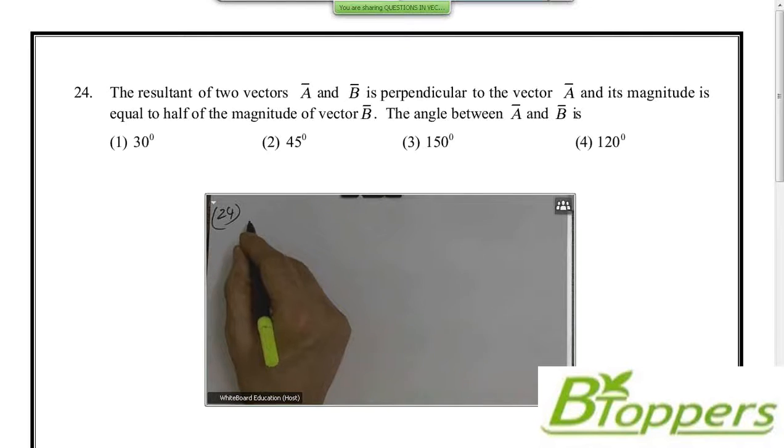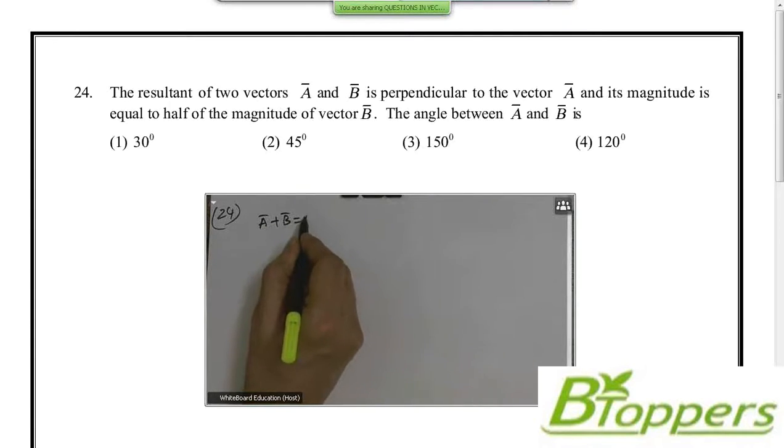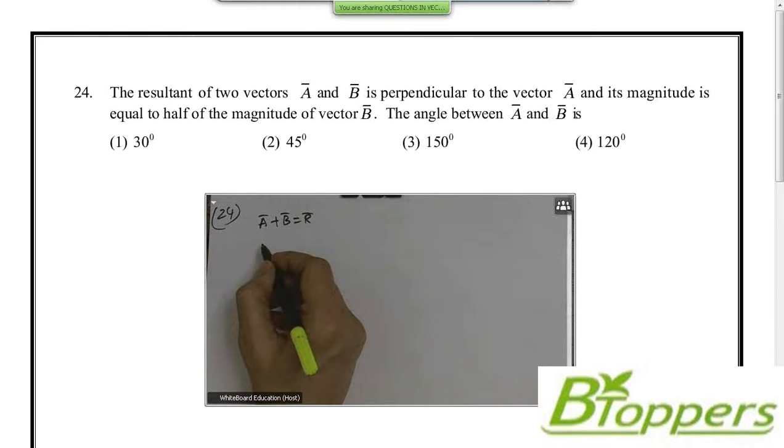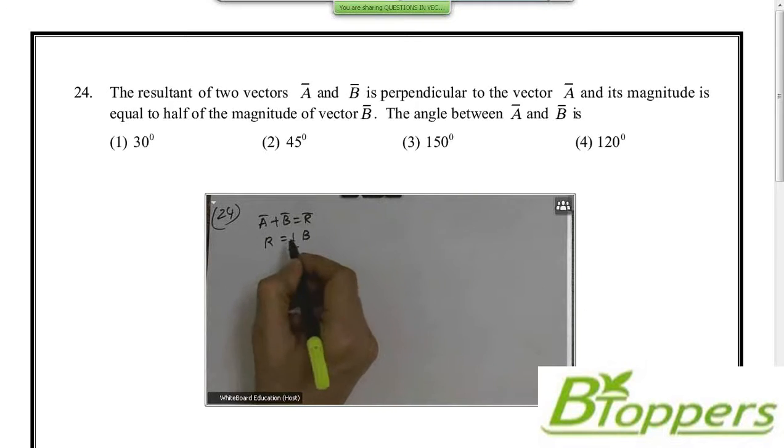Look at the question number 24. The resultant of two vectors A bar and B bar is perpendicular to A bar, and its magnitude is equal to half of the magnitude of vector B bar. The angle between A bar and B bar is?